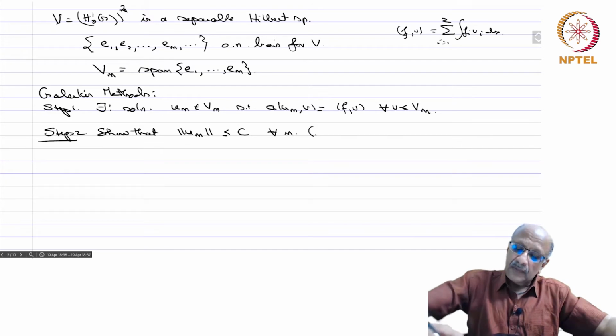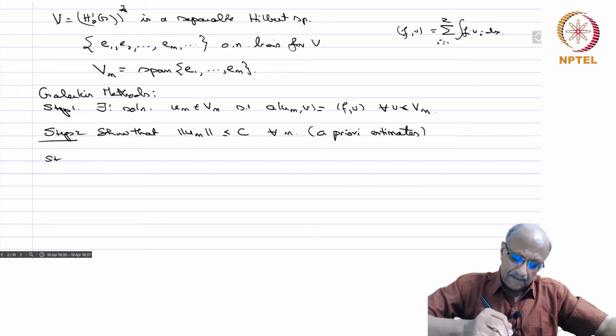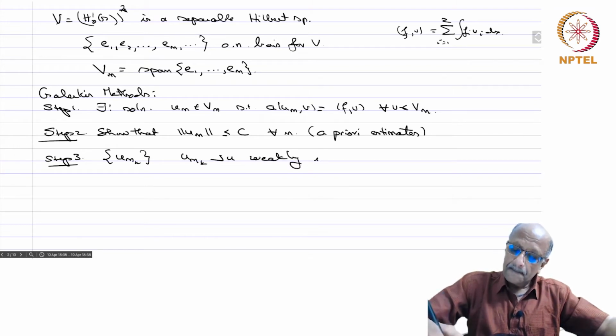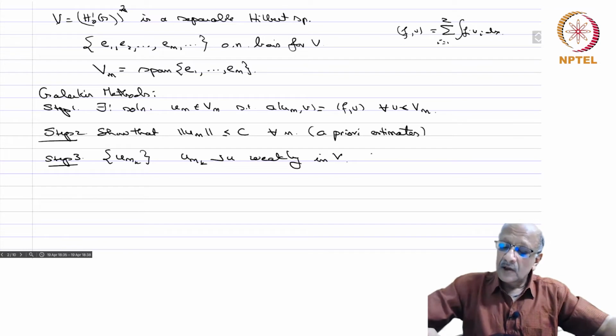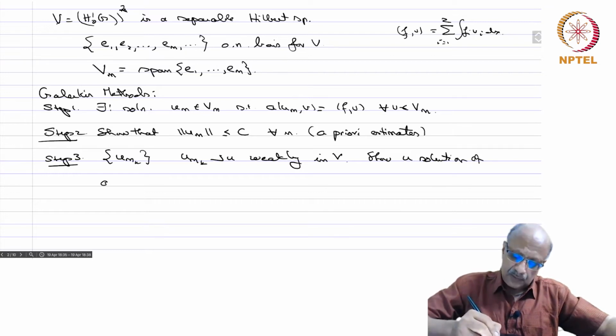This is a method of a priori estimates. And thirdly, we are in a Hilbert space and you have a bounded sequence, so there exists a subsequence umk such that umk converges to u weakly in V, and then show u is a solution of the original problem.